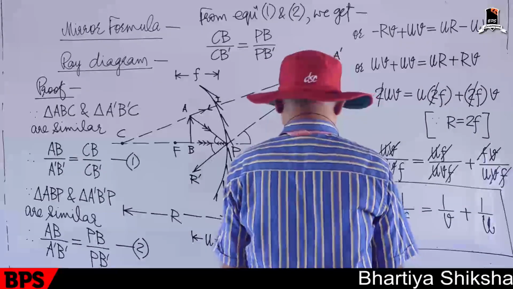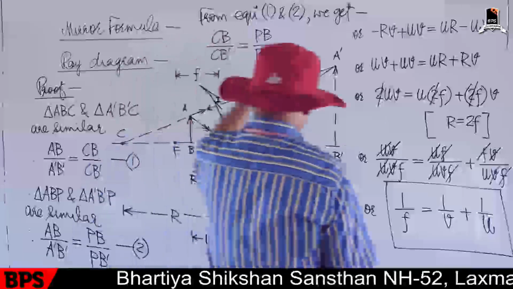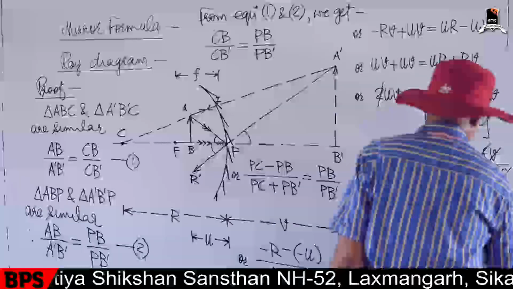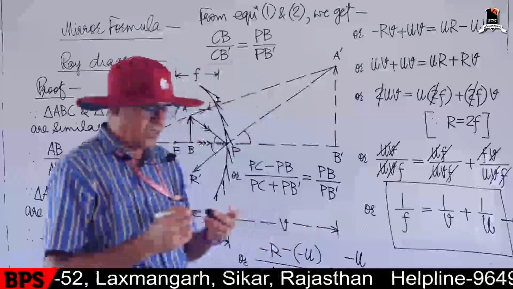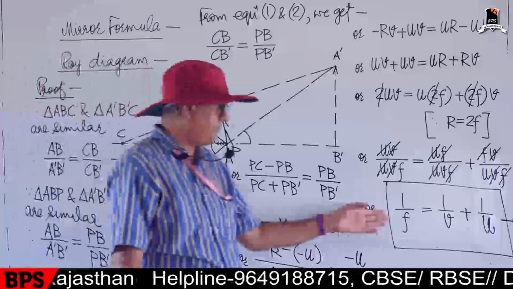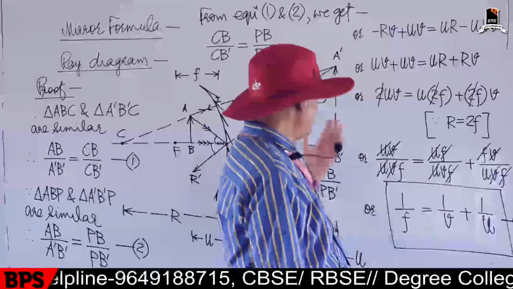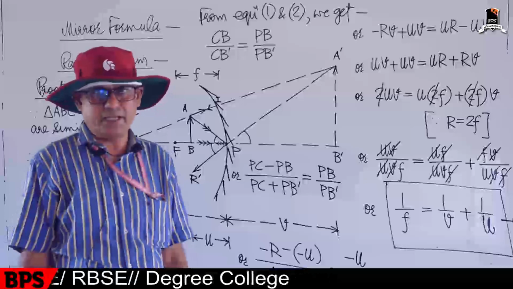Put this number 1, 2 and 3. This is the third equation, and this equation is the required mirror formula, which is the same as the last case when the image was real and inverted.